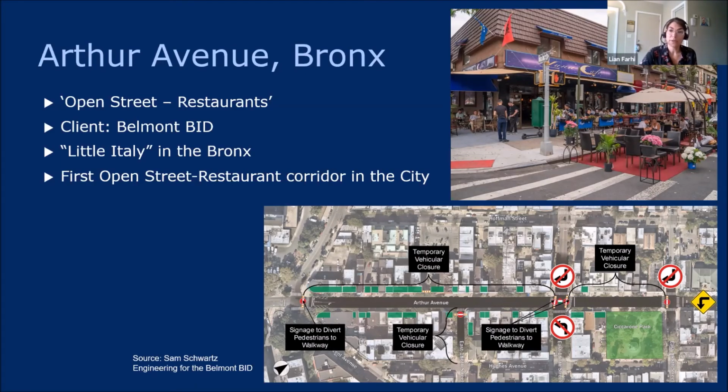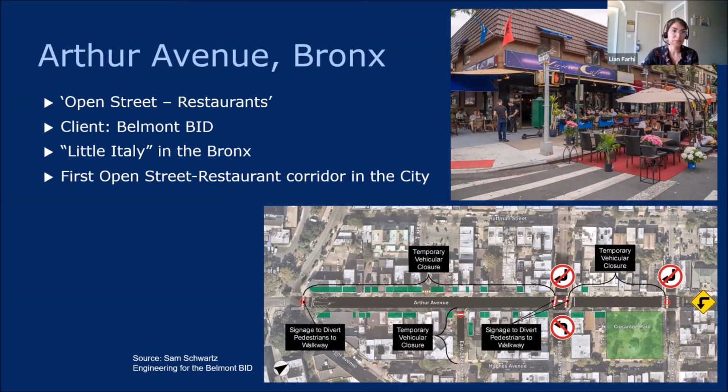So we worked with them on a plan to reconfigure traffic diversion in the area to allow for 2 blocks of closure and allow for outdoor dining during specific times over the weekend. And this was a reoccurring event through 2020 and coming back in 2021 as well.